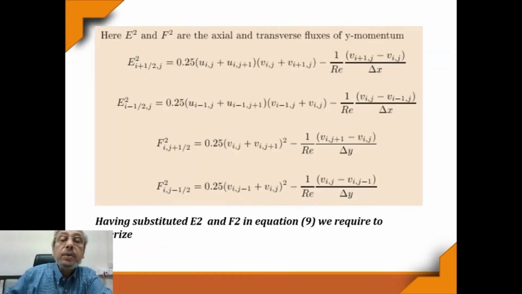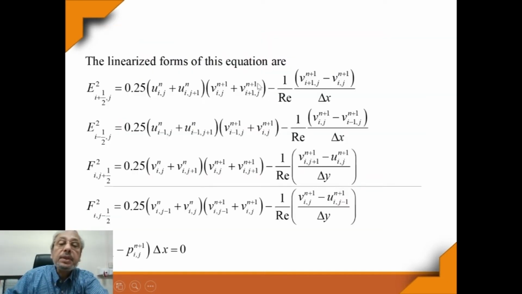Then what we have to do, these are nonlinear terms, quadratic terms, and these have to be linearized. One part we write at nth level, another part we write at n plus 1th level. So exactly we did that for x momentum equation.